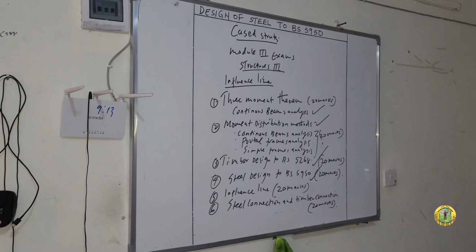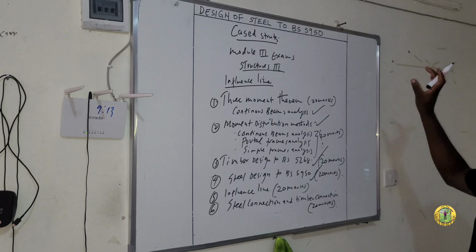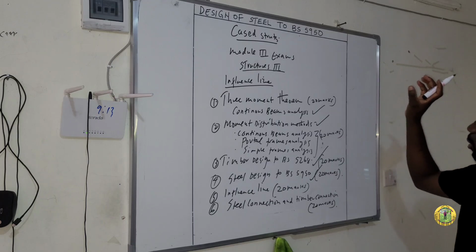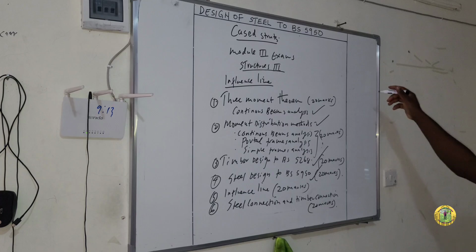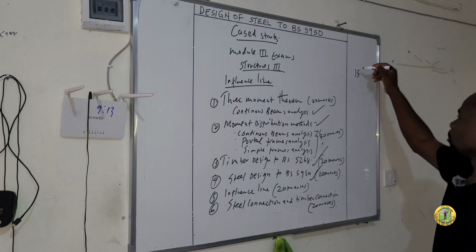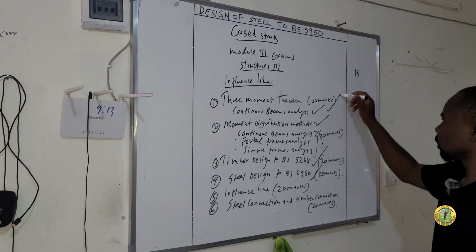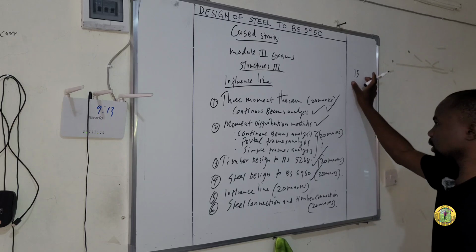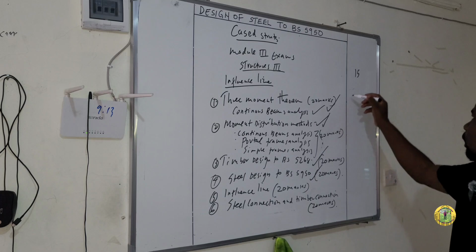For example, you can work on the three-moment theorem so that when you receive your paper, make sure you have scored 15 marks and above. Let's say three-moment, you have scored 15 marks and above. Moment distribution, again, 15 marks and above.